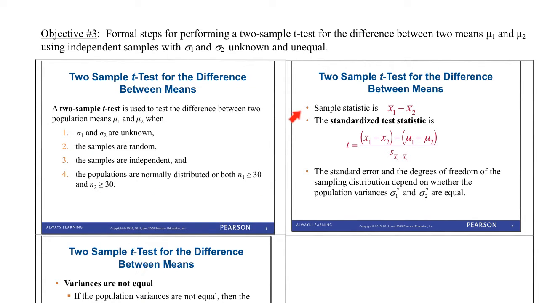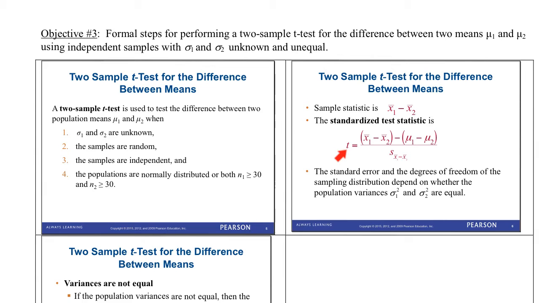In this case, when we gather our data, remember it's quantitative, something like comparing test scores, we'll have a mean from the first sample and a mean from the second sample. And what we're going to do is subtract those two means, and that's the sample statistic of interest. Now to standardize that, we're going to calculate a t-score.